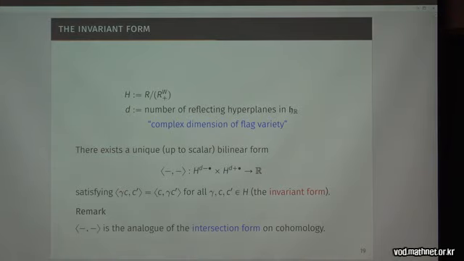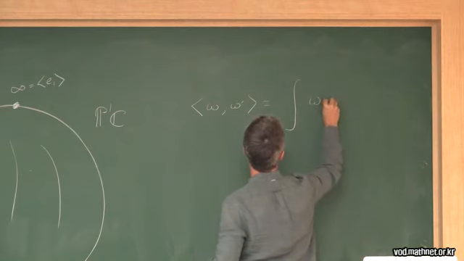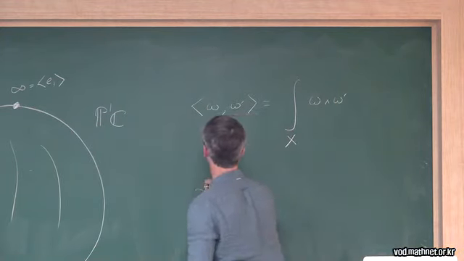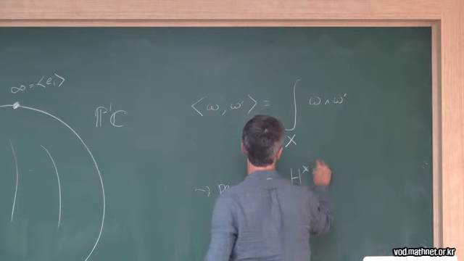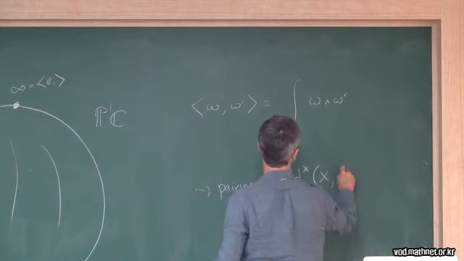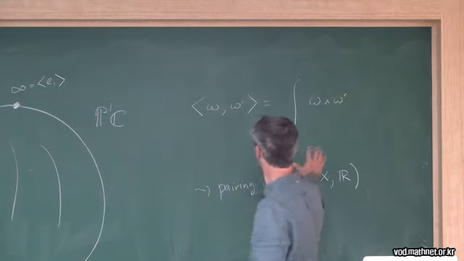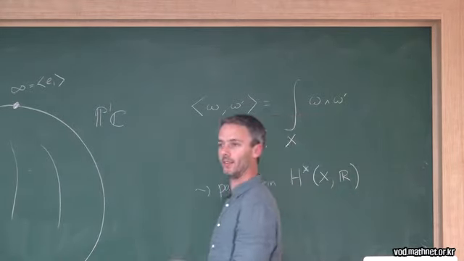If I have two forms, I can form their wedge product and integrate them over X, and this gives me an extremely important pairing on the cohomology ring, and what I'm doing is just imitating this.